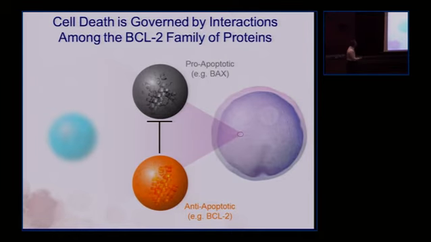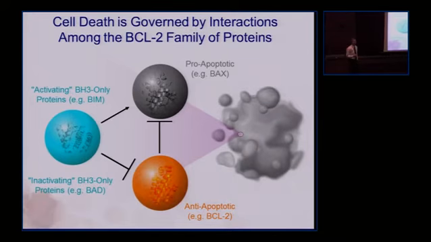These interactions are further regulated by a third subclass, the pro-apoptotic BH3-only proteins, which in response to select stress stimuli can bind to a subset of the anti-apoptotic proteins, as in the case with BAD, or can additionally directly bind to and activate the multi-domain pro-apoptotic proteins, as is the case with BIM.